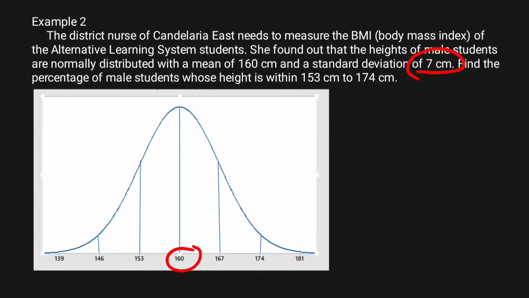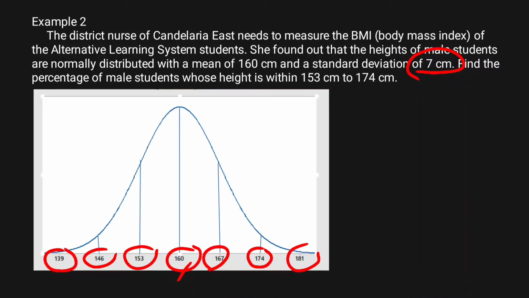So, yung 1 standard deviation from the mean is 167. Okay, plus another 7. We have 2 standard deviations from the mean, 174. 3 standard deviations from the mean is 181. Then, subtract 7 from the mean. So, we have 160 minus 7 is 153. Minus 7 is 146. Minus 7 is 139.